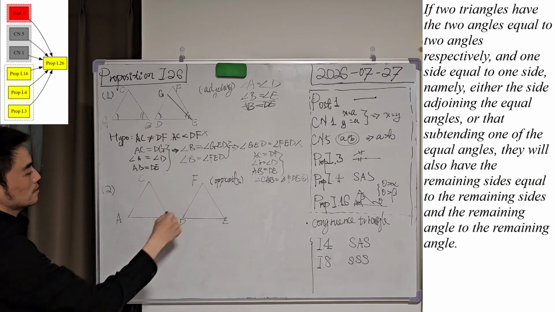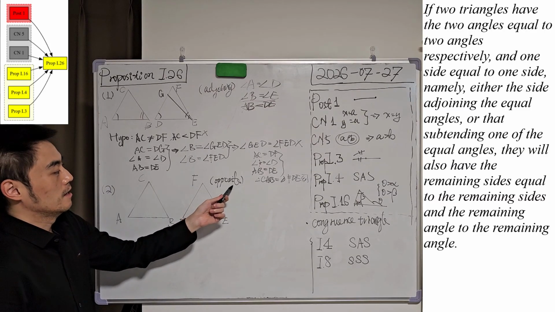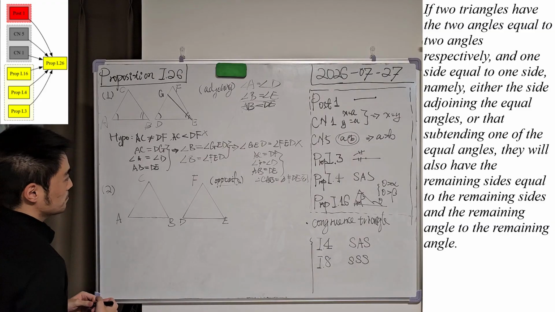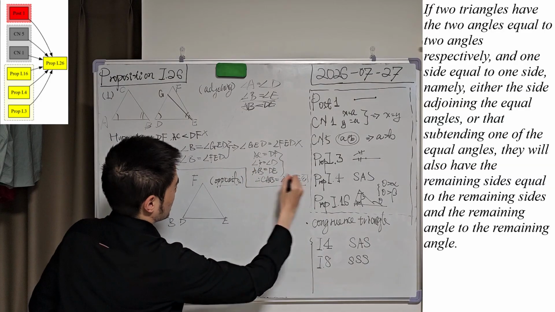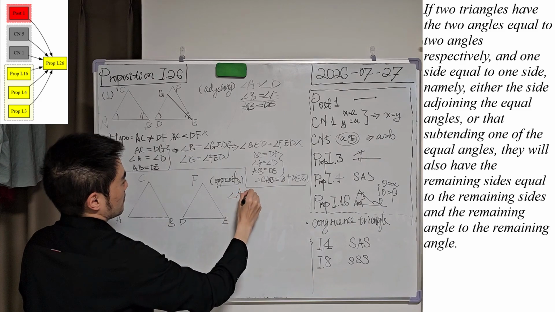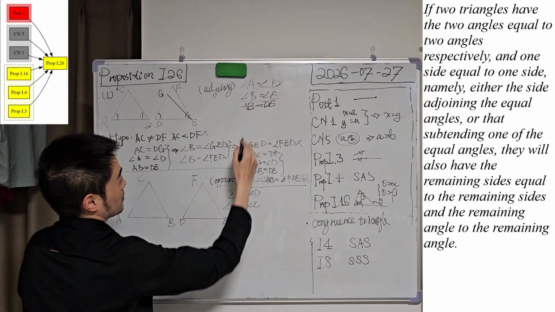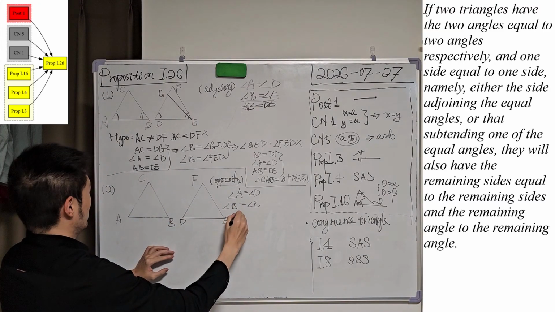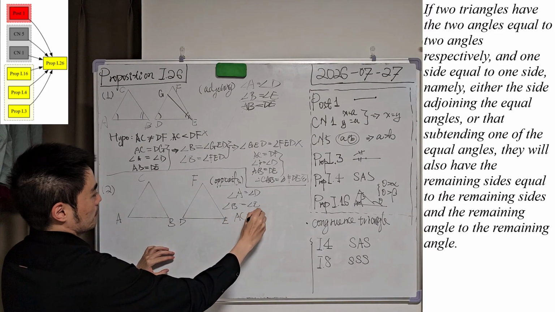Let's move to the second scenario, where the side is the opposite side to an equal angle. In this scenario we are given the conditions that angle A is equal to angle D, angle B equals angle E, exactly the same as previous, but this time the opposite side will be equal: AC equals DF.